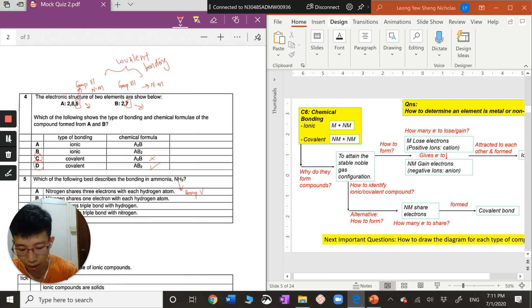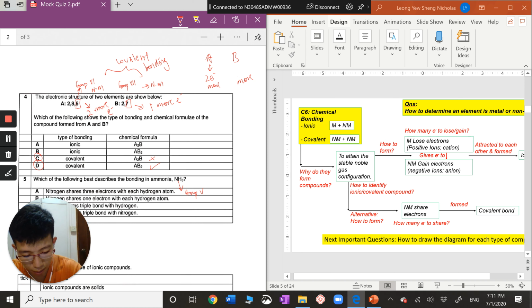Now let's go through the procedure. Element A needs 2 more electrons to share, while element B needs 1 more electron for sharing. How do we balance out the sharing? Since one needs 2 and the other needs 1, we need to balance in such a way that they have the same number of electrons for sharing.